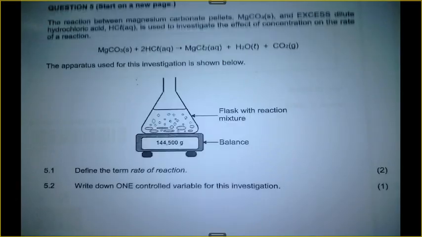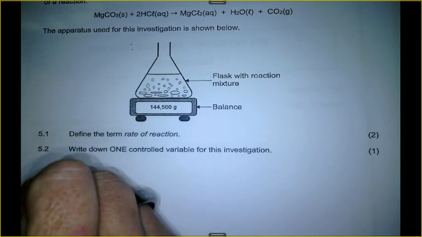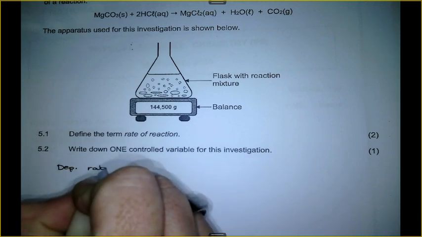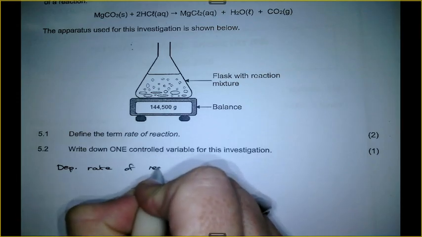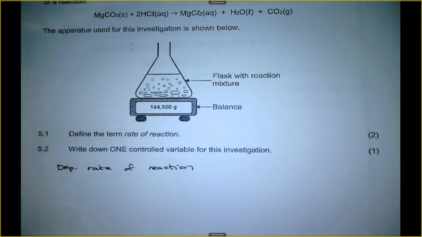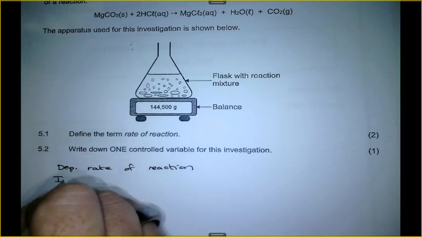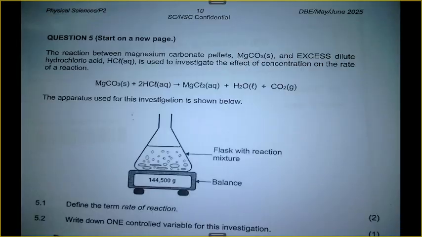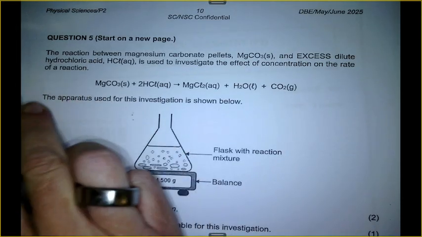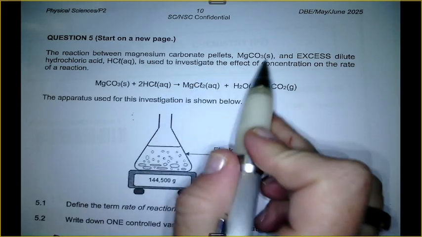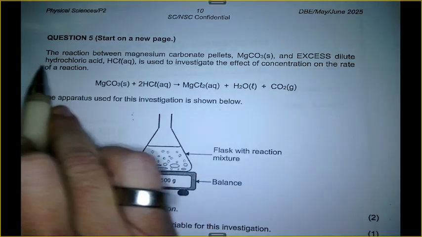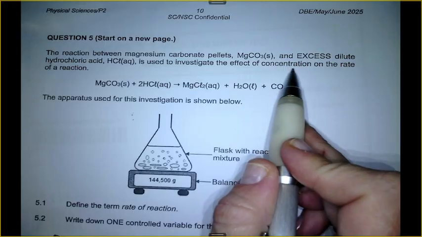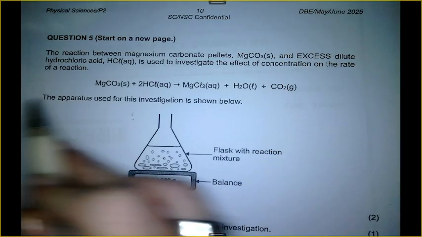So obviously, if you analyze the thinking here, we are investigating the rate of reaction, right? And we need to go and figure out what is the independent variable. So we go up and we read the rate of the reaction between magnesium carbonate pellets and excess dilute hydrochloric acid is used to investigate the effect of concentration on the rate of reaction.